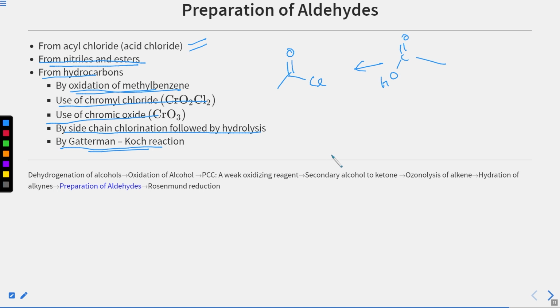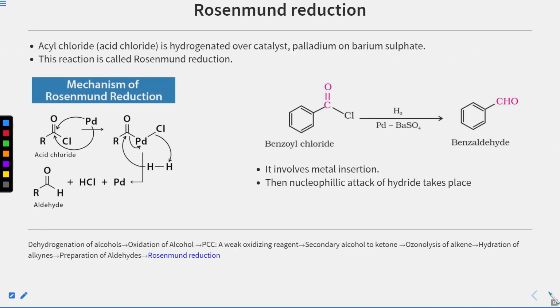Today we will see this Rosenmund only. Tomorrow we will see the left part. Clear? Now next is our Rosenmund reaction. The Rosenmund reaction mechanism is not so popular or not taught, but I am giving you an overview because students are curious about how this reaction happens, and I think it is a very good practice to keep track of all of these.